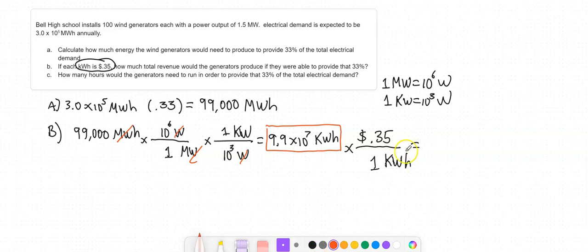And so I'm just going to multiply that across, cancel that out, and I should be left with dollar signs at the end.